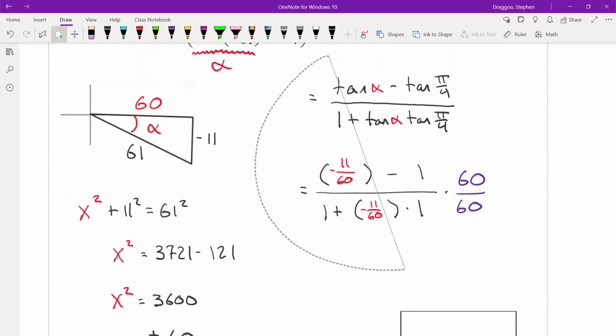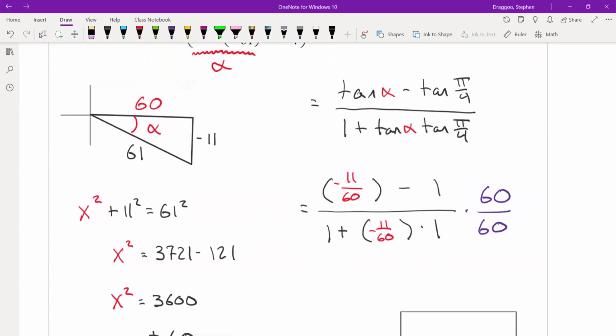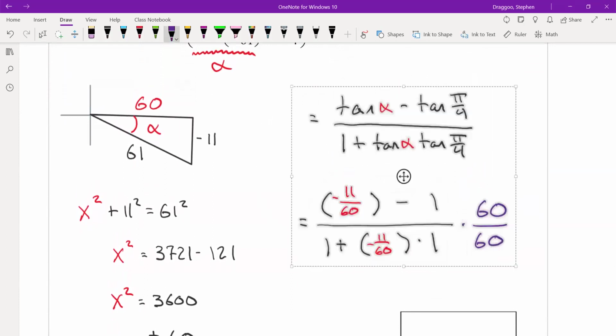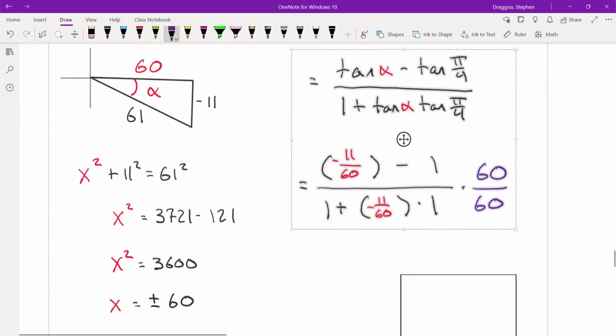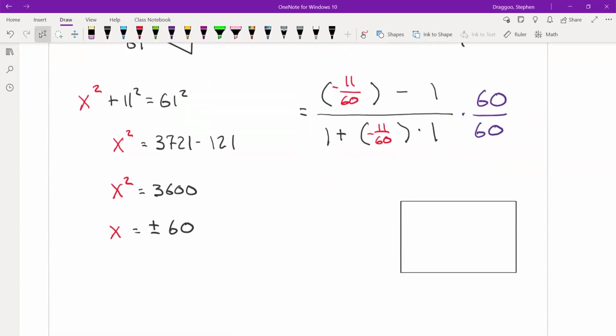Doing so is going to get me to negative 11 minus 60 up top, divided by 1 times 60 is 60, minus, yeah, that's still going to be minus 11 on bottom.